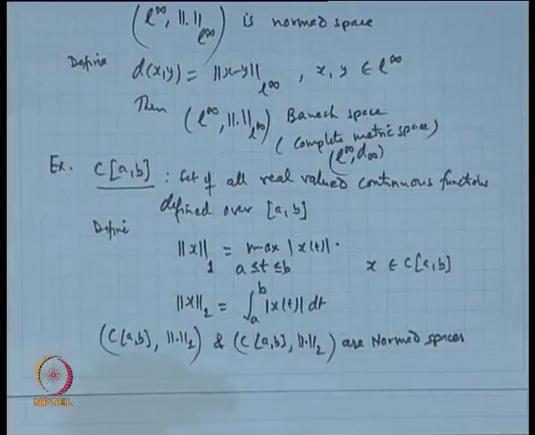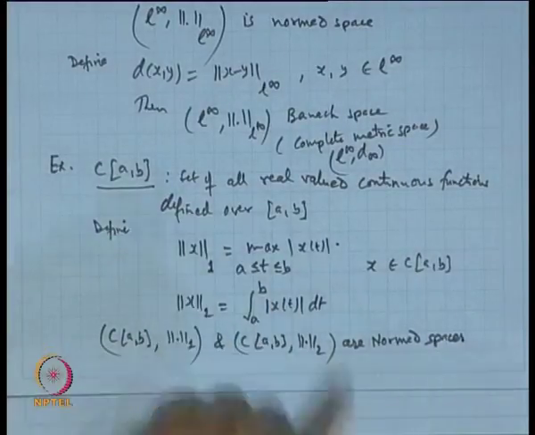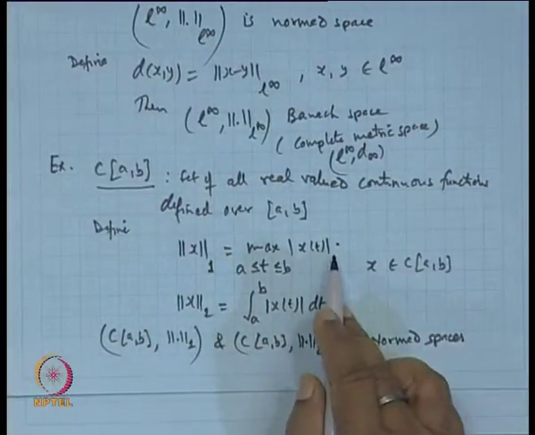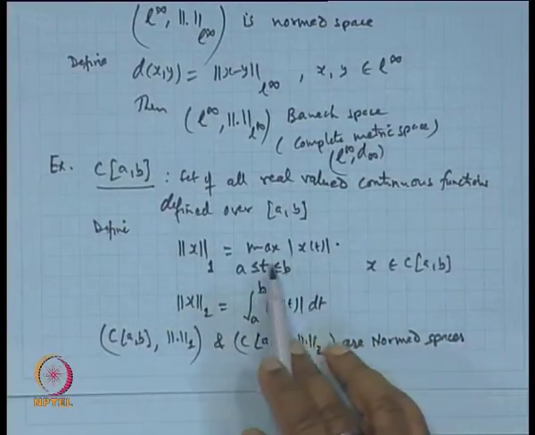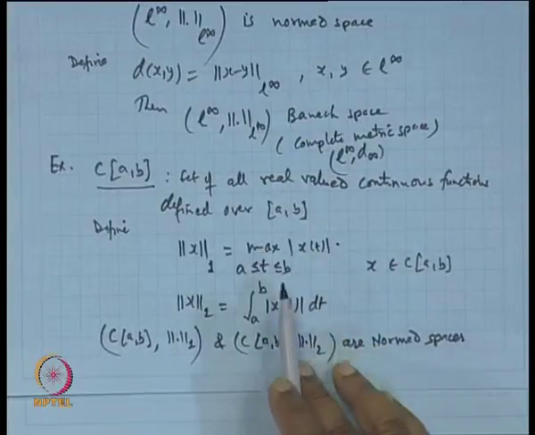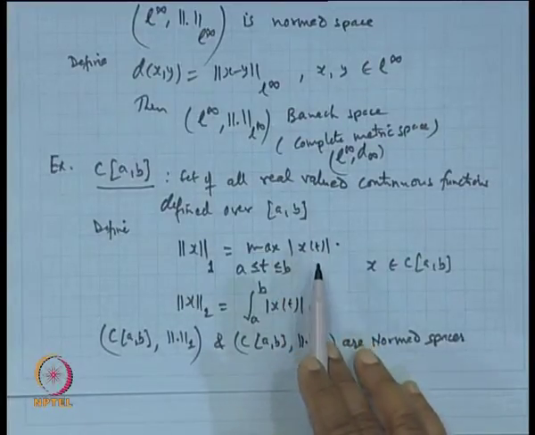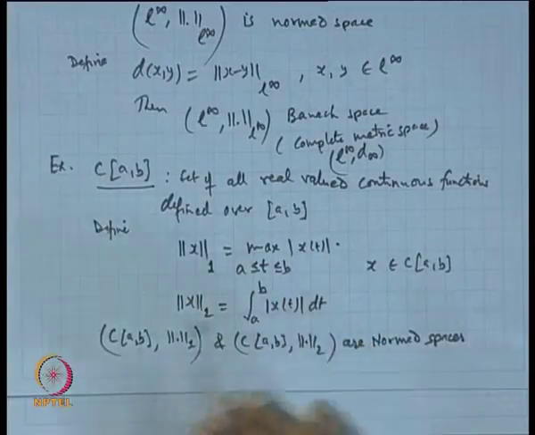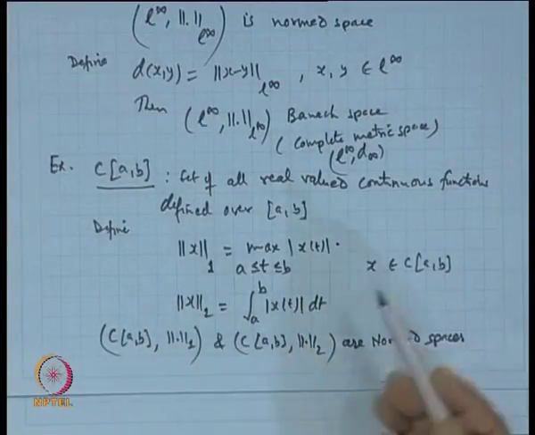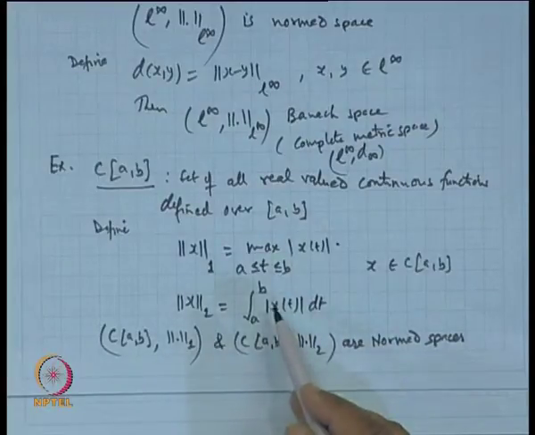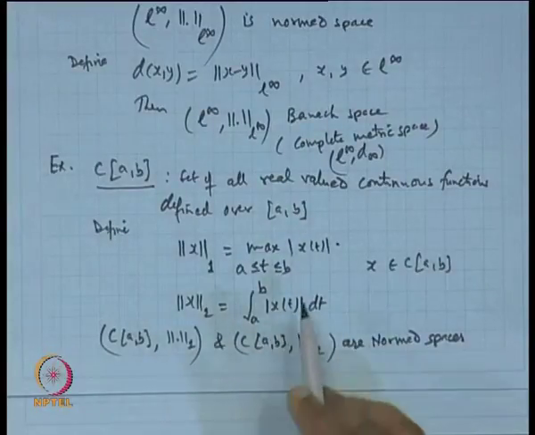Both form a normed space, because the norm is greater than or equal to 0, since you are taking the absolute value maximum of it. If it is 0, then the maximum of |x(t)| equal to 0 means the function x is identically 0 throughout the interval [a,b], because once the maximum value of the function is 0, the function must be identically 0.